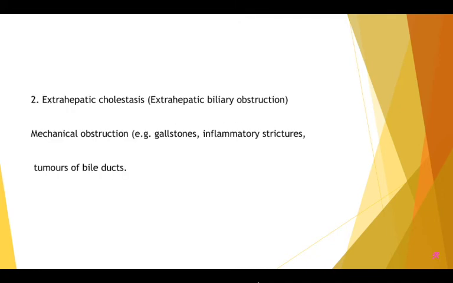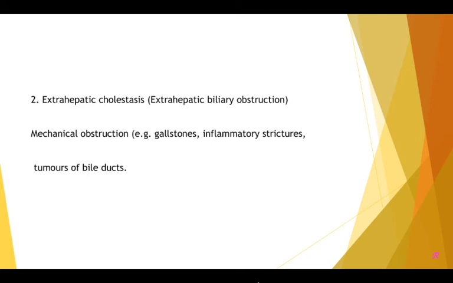Next is extrahepatic cholestasis. That is, the obstruction is outside the liver. Outside the liver means the ducts where the right and left join together to form the common hepatic duct. From the right and left hepatic duct, it is outside the liver, from there till the duodenum.